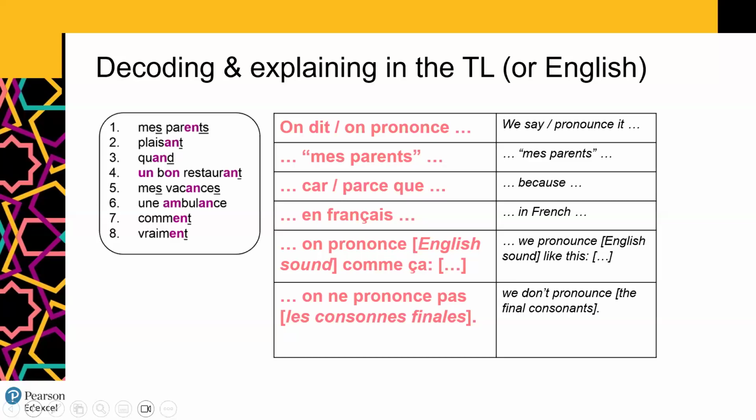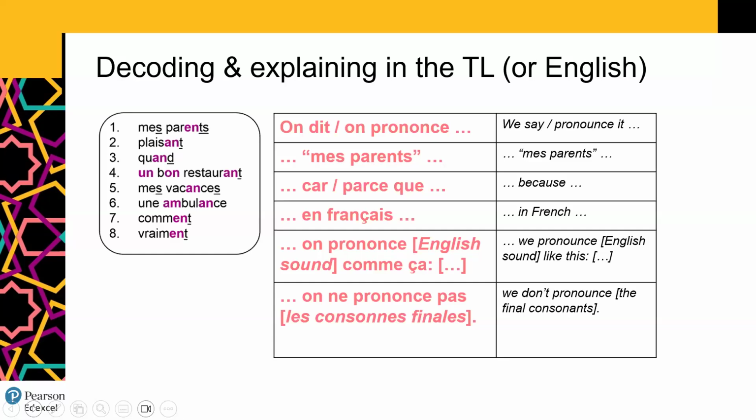So here we could say, on dit, okay, and then mes parents, parce que, en français, on prononce... Et en français, on ne prononce pas les consonnes finales, ok. Ou en français, on ne prononce pas T or S, something like that.